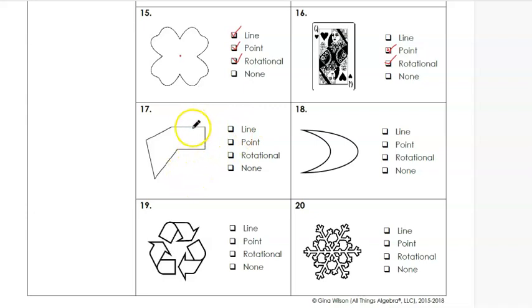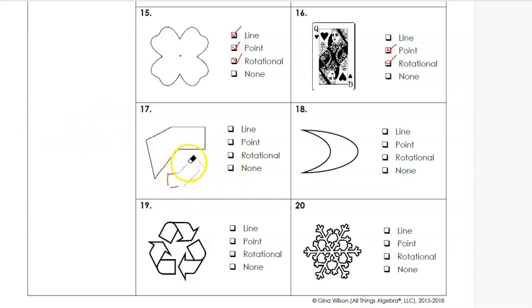Point symmetry: if we flip this over, it's not going to be the same shape. You can kind of tell this little part is going to be over here, and then it's going to kind of do like that. So not the same shape.